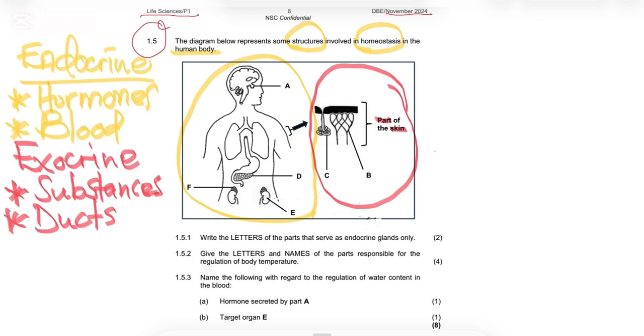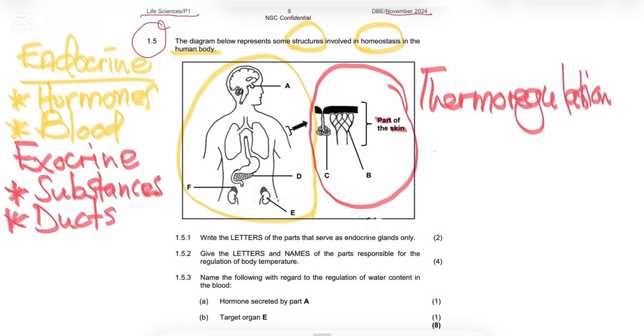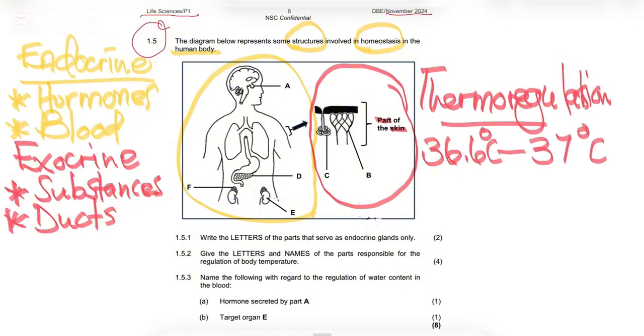So, as we can see here, it is actually providing us with the structures that are involved in thermoregulation. Whenever we see the skin, we know that it is involved in the regulation of temperature between 36.6 to 37 degrees Celsius.